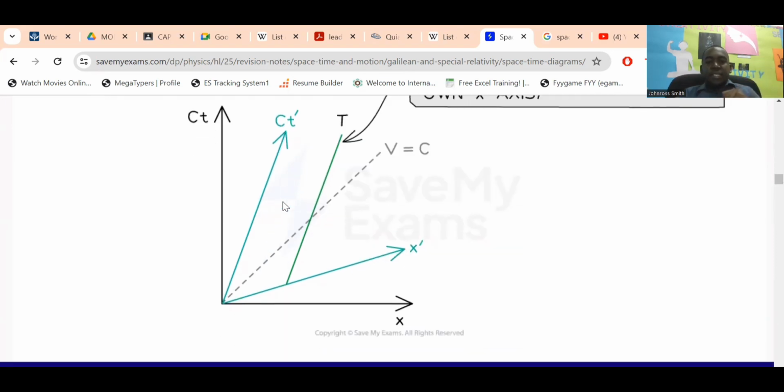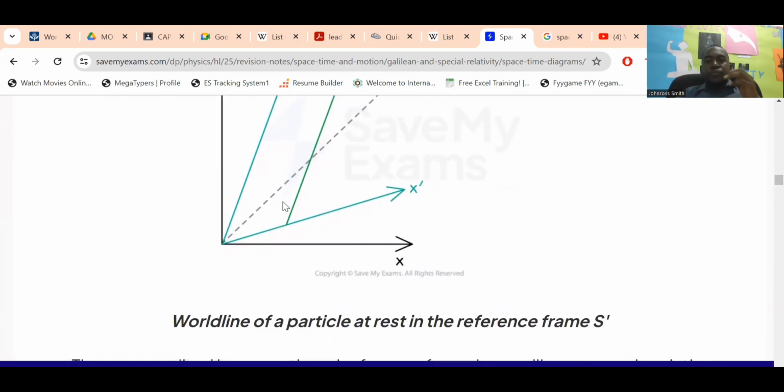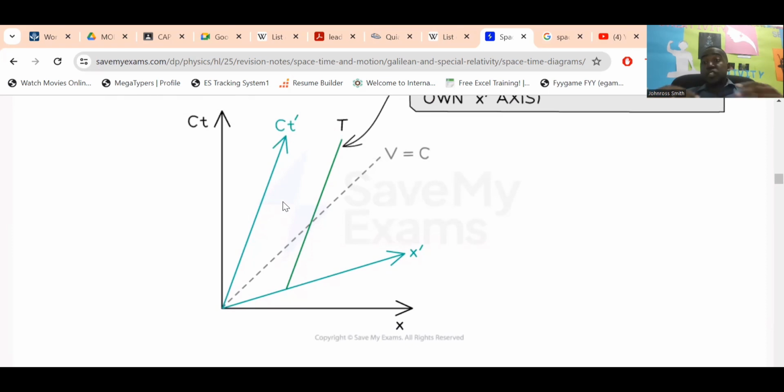So in that case, if we compare our position between a stationary reference frame and another reference frame, which we can call S prime in this case, we will see that the position will change. And that explains to us that we have length contraction happening, right?